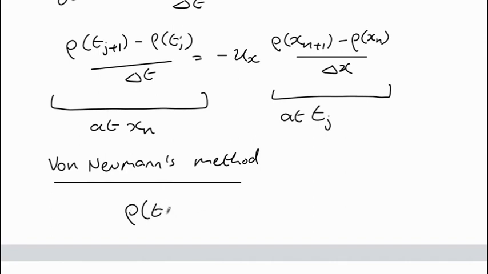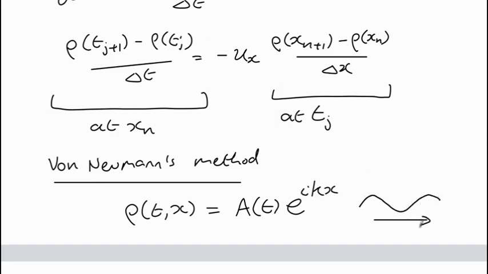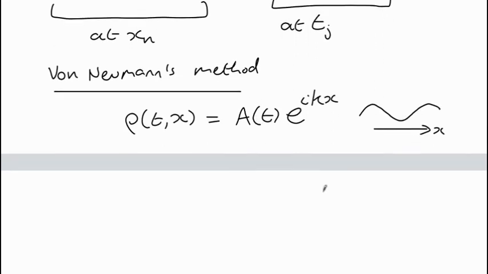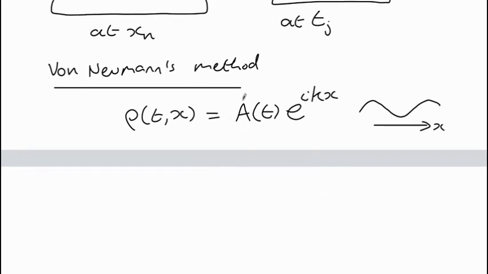So here I'll just put explicitly time and x, has some kind of amplitude A, which is just a function of time, and it has some kind of wave-like behavior in space. So e to the i k x. So it's basically a wave in space, and it's essentially growing or shrinking or staying constant amplitude in time. And so if the amplitude is increasing in time, then we have an unstable wave, and we'll get numerical problems.